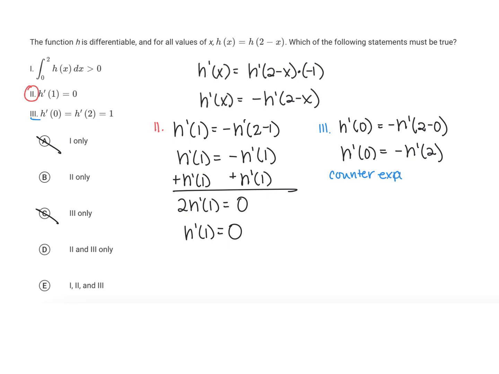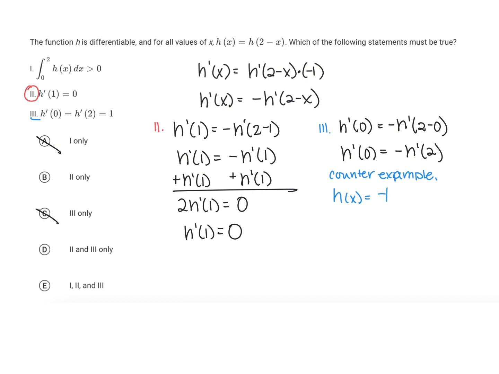And this is actually how we're going to go about proving number 1 as being incorrect also. If we look at a counterexample, let's say my function h of x equals, I don't know, let's give it a constant. Maybe h of x equals -1. Does that fit?